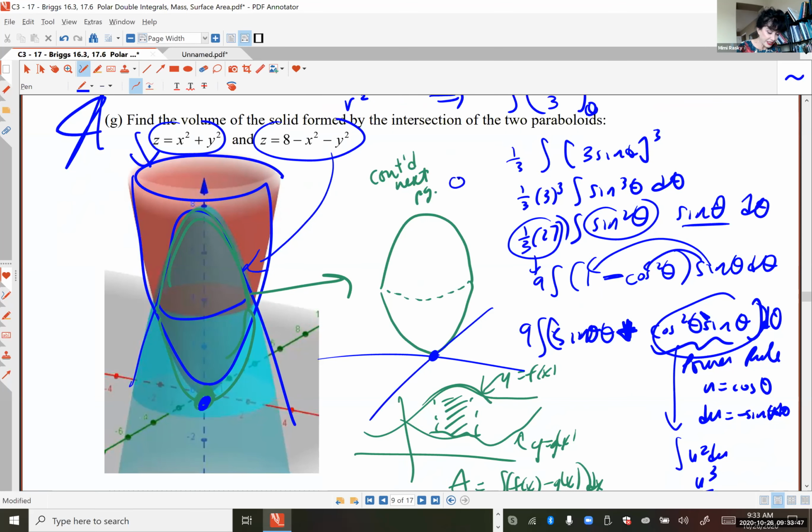Pretend there's a bright sun shining down on your solid. What would the shadow of this solid be directly overhead, as it makes on the ground, where the ground is the xy plane? A circle. It is going to be a circle, and this circle is called the projection of the solid.